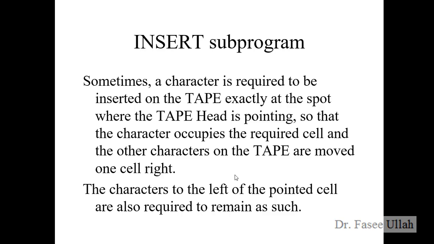The characters to the left of the pointed cell are required to remain the same. We are inserting the value or string in the middle, so everything from that position moves towards the right, while the left portion remains the same.